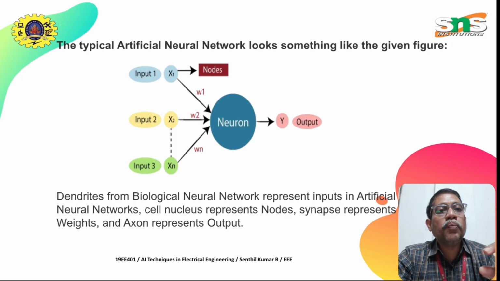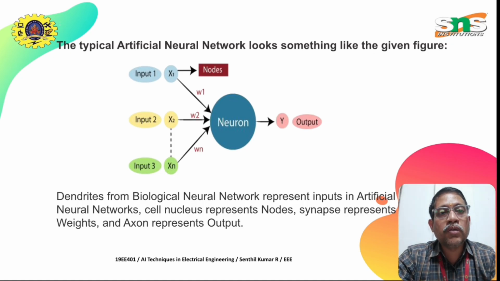The input signal, which is your electrochemical signal, is given to the neuron, and the neuron calculates as per the pattern already programmed. If the threshold value is reached, then there may be an output, which is an electrical pulse, similar to our axon.